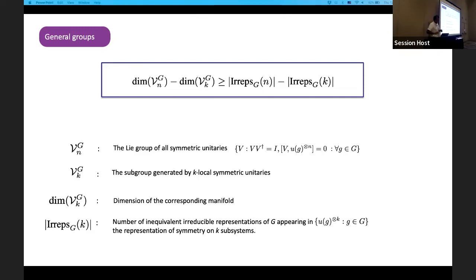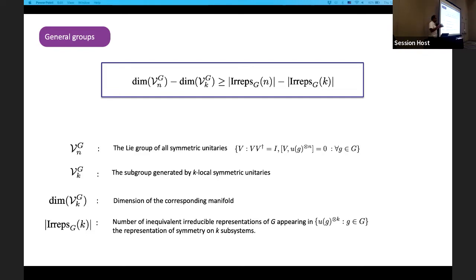The right-hand side, this ERep(G, n), is the number of inequivalent irreducible representations of the symmetry that appear in the system, minus the number of inequivalent irreducible representations of the symmetry that appear only on k subsystems, basically.